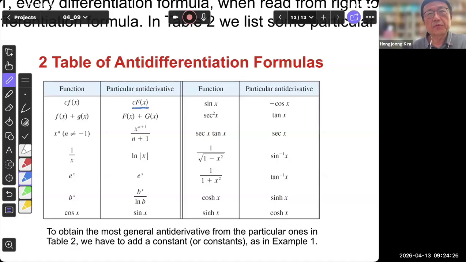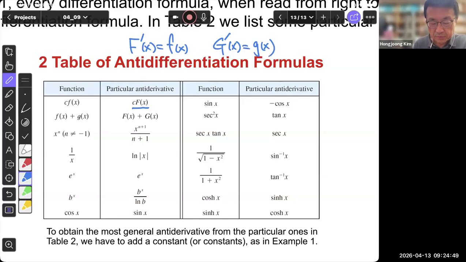Suppose that given uppercase F, if I differentiate, you get lowercase f. And given uppercase G, when differentiated, you get lowercase g. In that case, for these functions, they are antiderivatives.